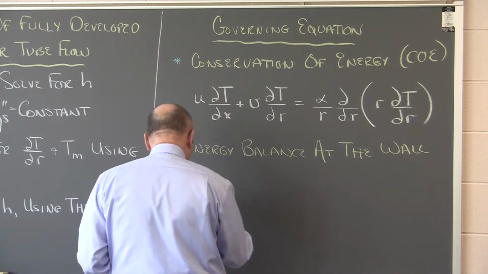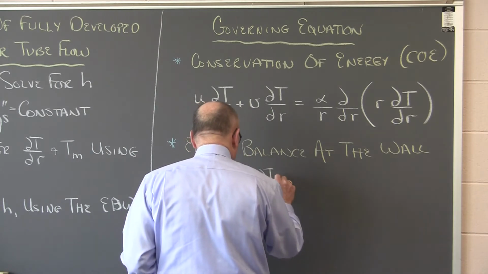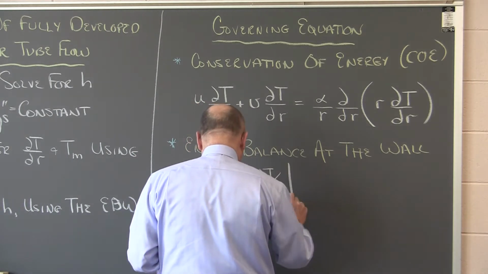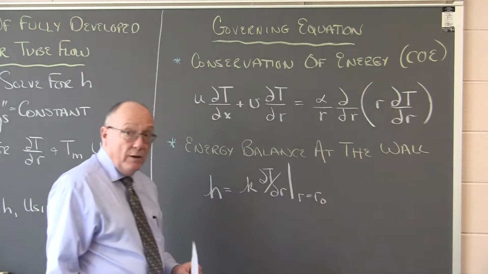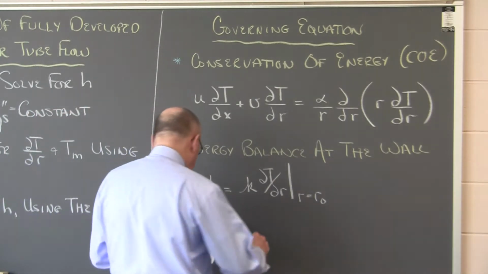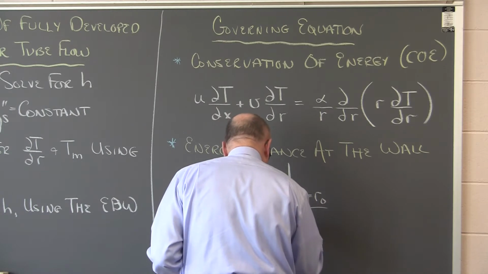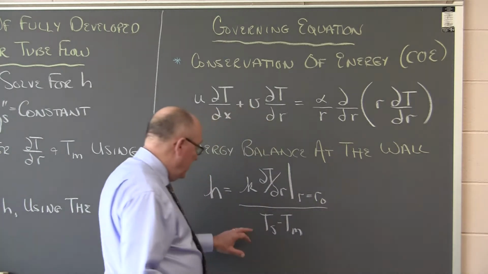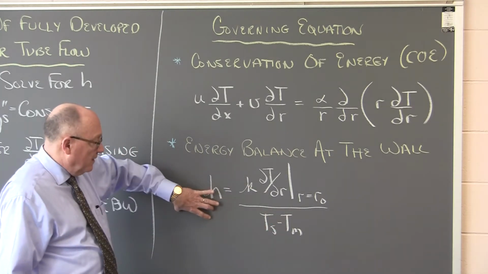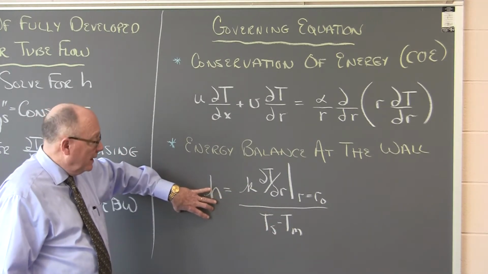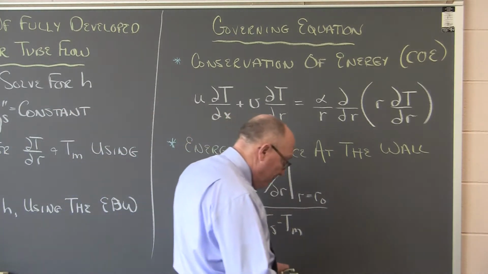H is equal to k times the partial of T with respect to r, evaluated at r equal r sub 0, that is at the surface of the tube, divided by Ts, the tube temperature at the surface, minus the medium temperature. So if we move this up here, we have the convection per unit area must be equal to the conduction per unit area. That's our energy balance at the wall.